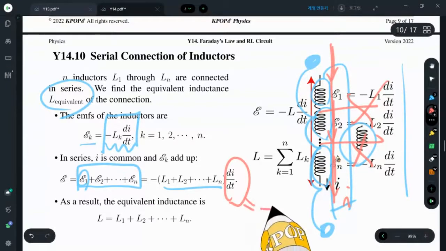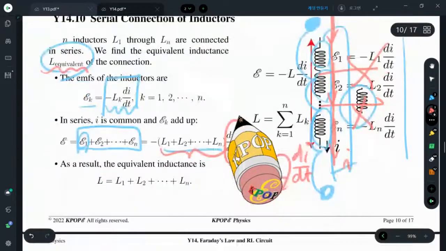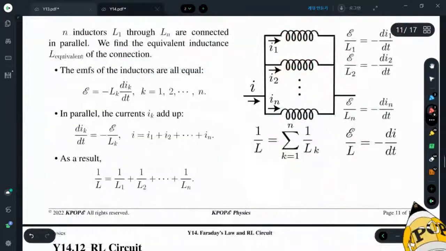So it should be equivalent to like that. Therefore, we can read off the equivalent inductance from this relation. It is opposite to the case of the capacitor.